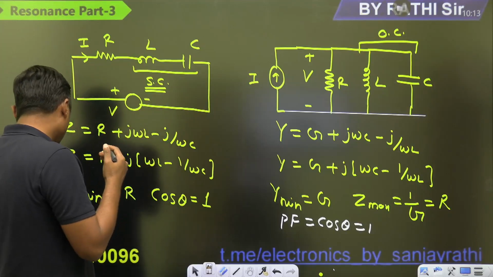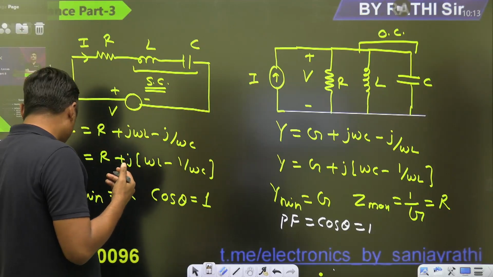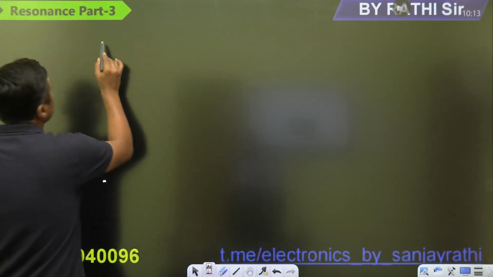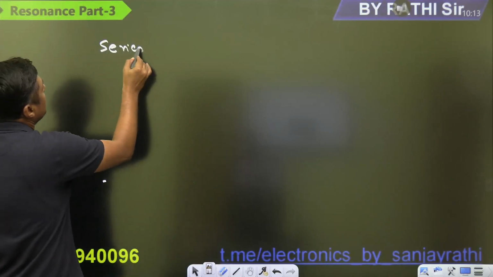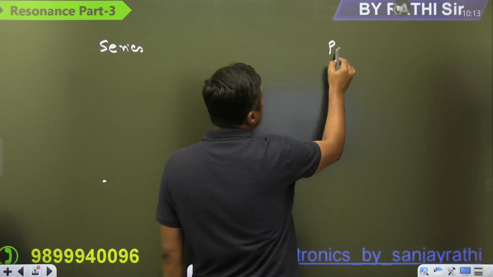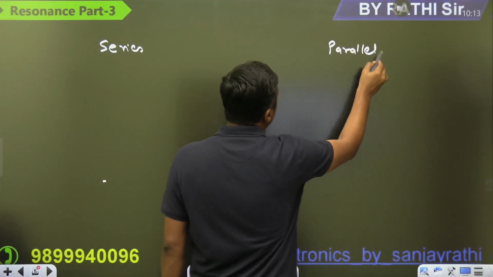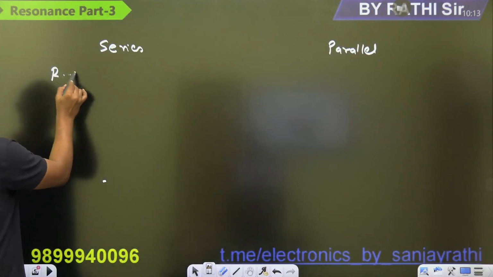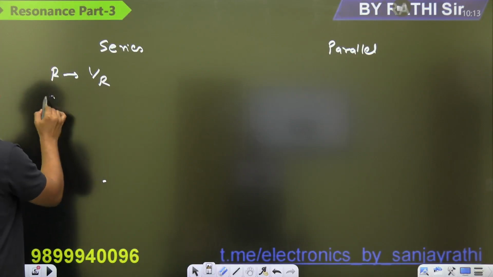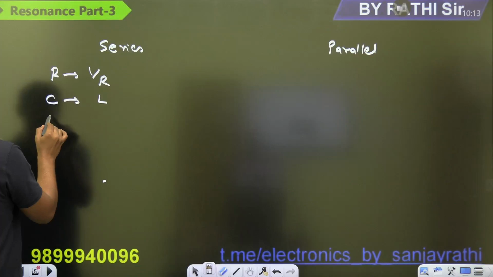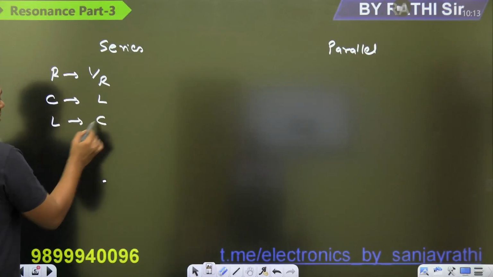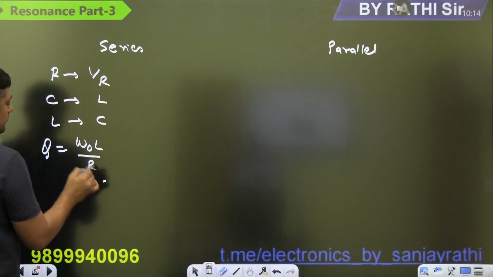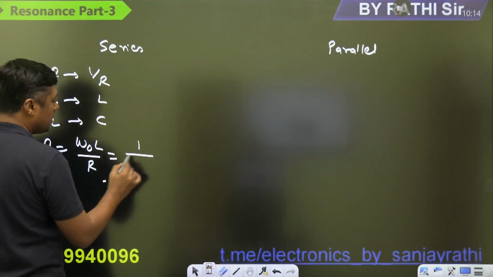Now guys, another important point is, when we are talking about the series resonance and parallel resonance, simply when we are moving from series to parallel, R should be replaced by 1 by R, C should be replaced by L, and L should be replaced by C. So you can directly give the quality factor omega naught L by R, right? It is also represented by 1 by omega naught RC.